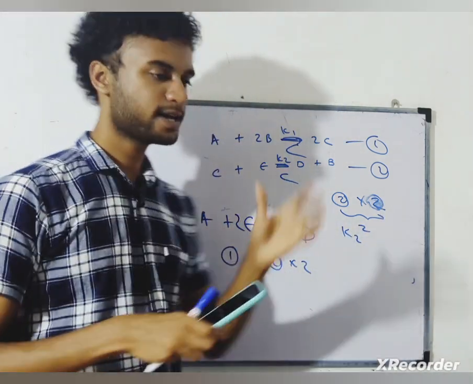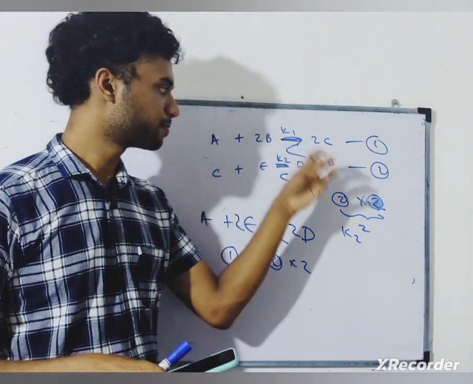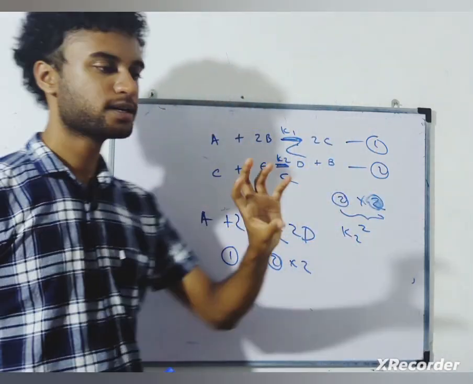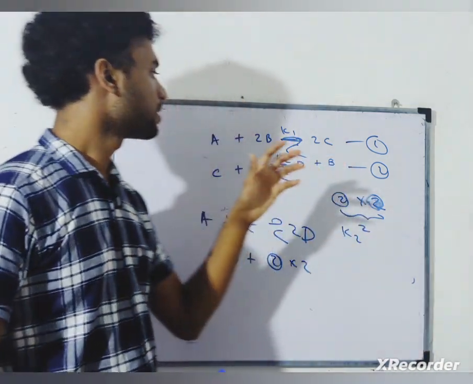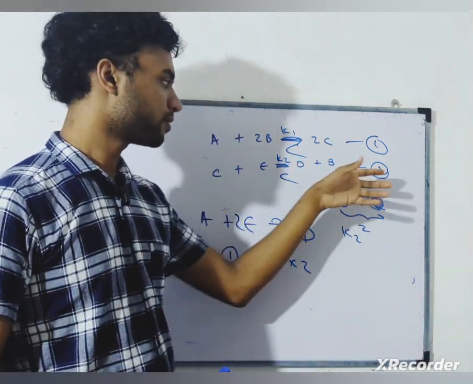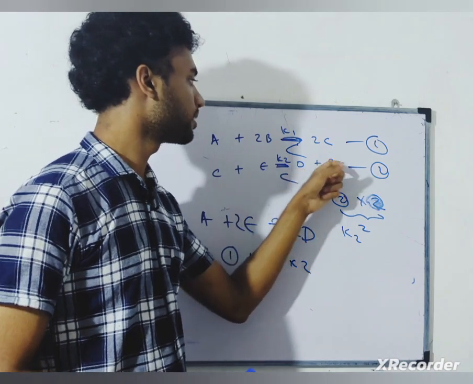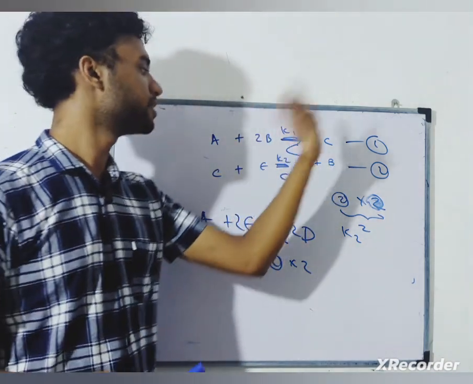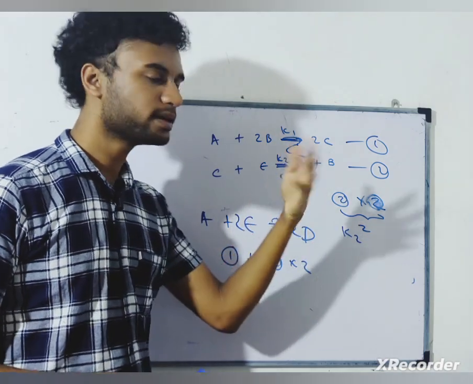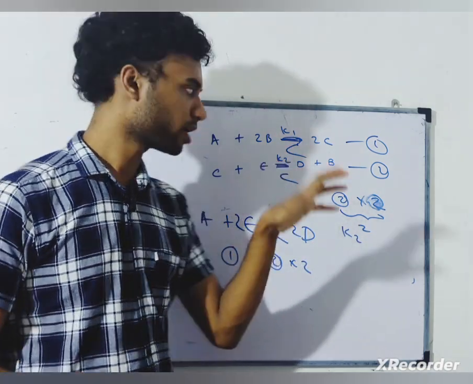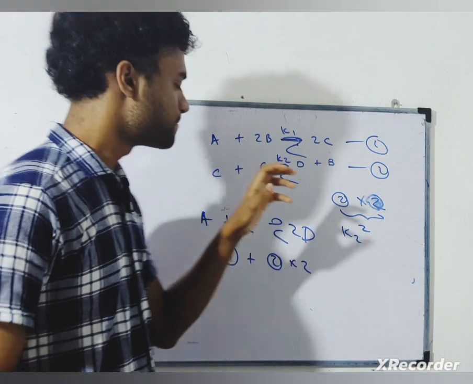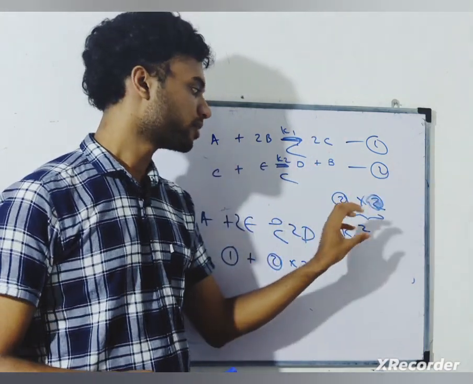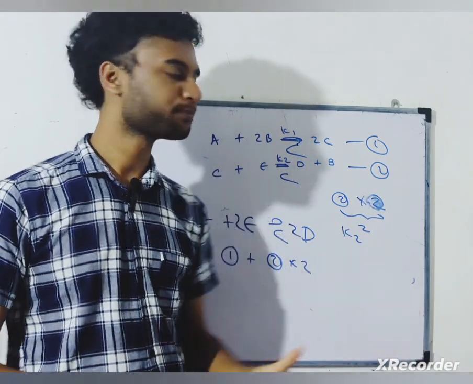Because K2 means concentration of D times concentration of B divided by concentration of C times concentration of E. If I multiply this equation by 2, I get 2D and 2B, and here 2C and 2E. That means D squared, B squared over C squared, E squared. Very easy. So can you understand the theory now? When I multiply equation 2 by 2, the equilibrium constant is squared.